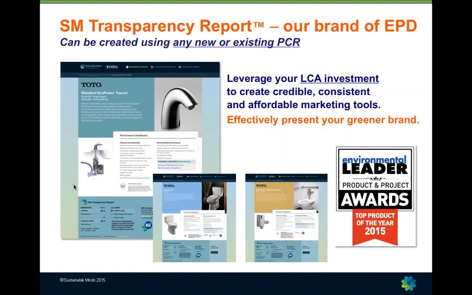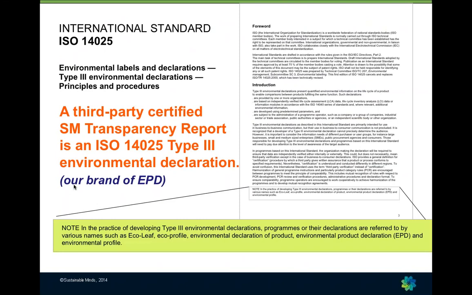So here's the transparency report. It's our brand of EPD. Now, again, you can create it from any PCR. And it's all about helping manufacturers leverage their investment in LCA and effectively present a greener brand. And I throw this slide in just to point out that ISO 14025 on the first page of the report says a program operator can call their Type 3 environmental declarations anything they like.